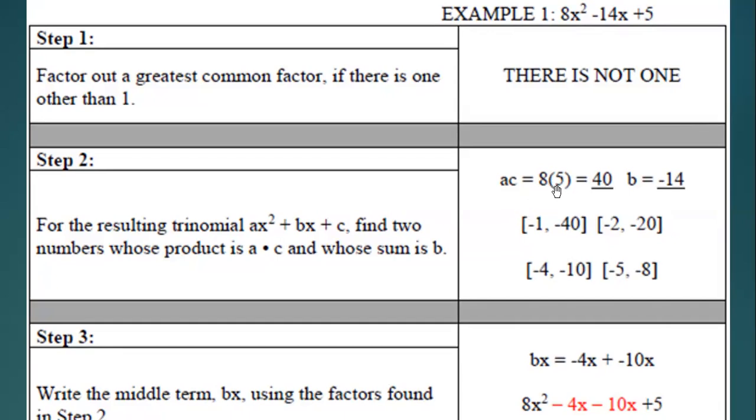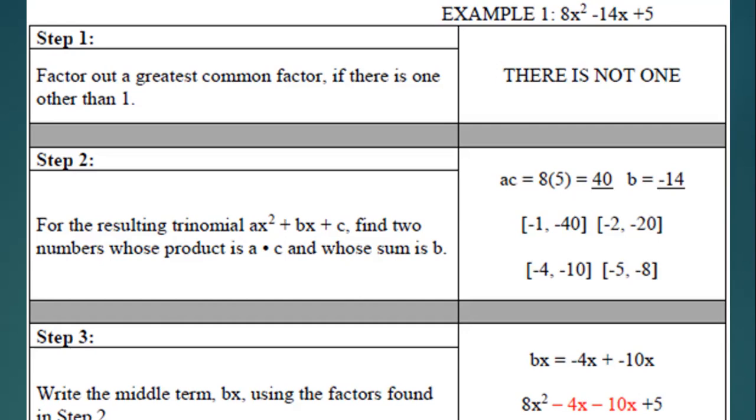You're going to multiply your A times your C, and you're going to identify your B. So my A was 8, my C is 5, right? A times C is 40, and B is negative 14. As you get better with numeracy and number sense, you can realize that if I have a positive here and a negative here, both factors have to be negative. Does that make sense? Because that's the only way a negative times a negative is going to make a positive, right?